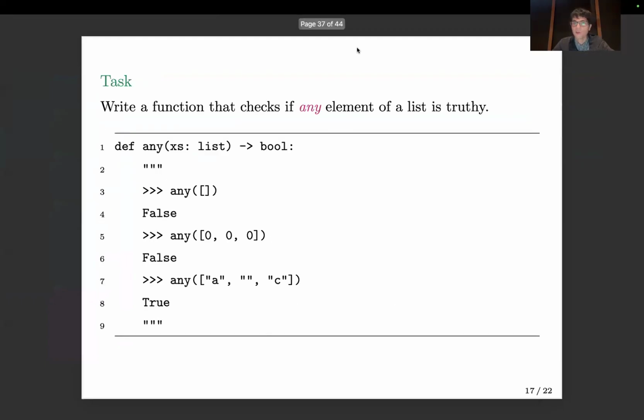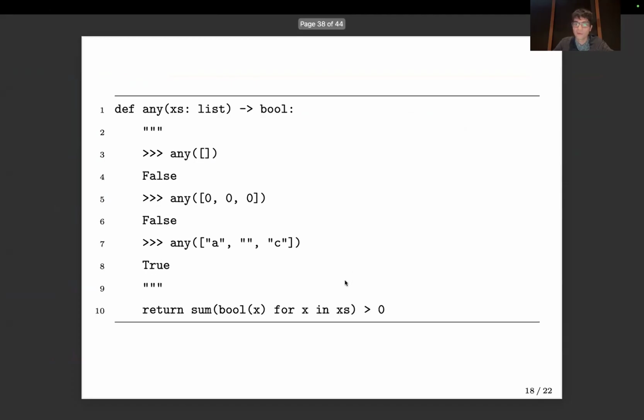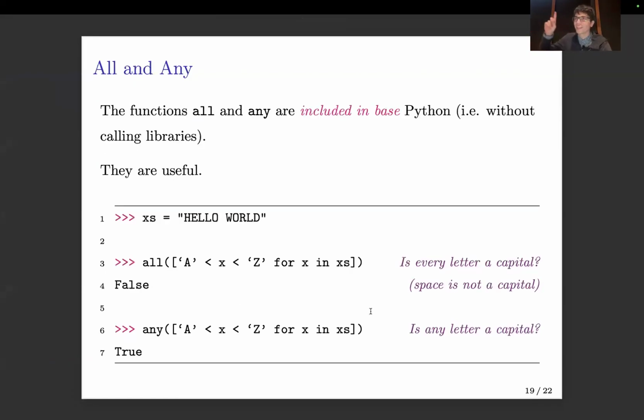So there's that one. We can write a function that checks if any element of a list is truthy in the same way. You just have to check that this is greater than 0. So we have one function, all, that checks if everything in a list is true. And we have another function, any, which checks if something in a list is true. The reason we're doing this is because any and all are prelude functions.